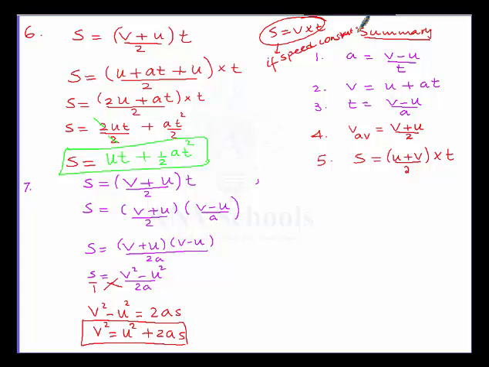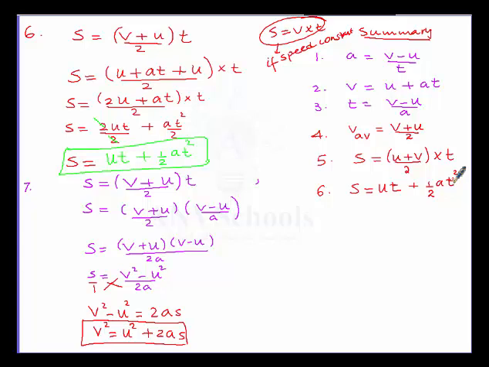That's how we find it. Equation number 6 is that the total distance traveled by an object can be calculated by initial speed multiplied by t plus 1 over 2 a t square.